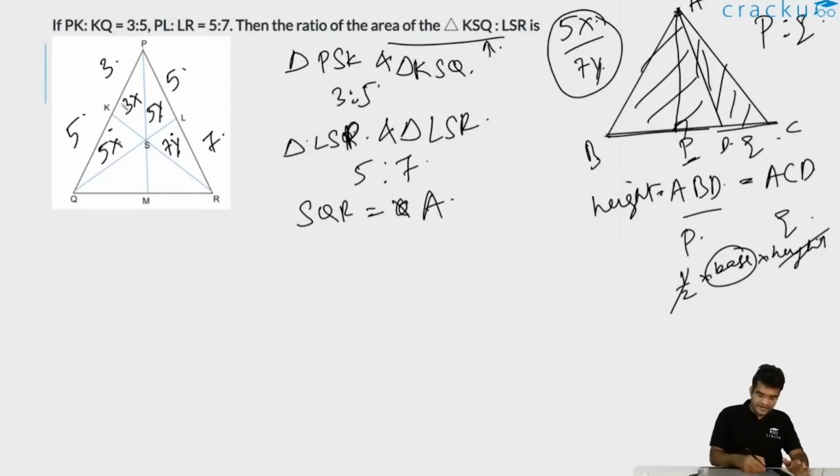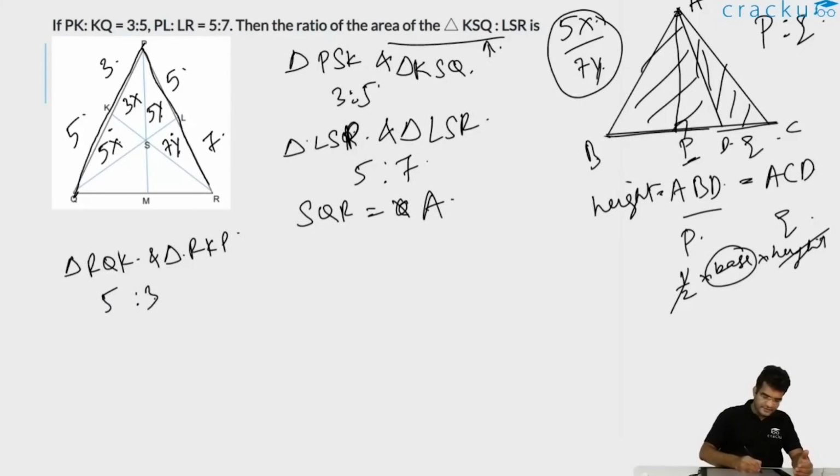Now look at the areas of the larger triangles, RQK and RKP. They will be in the ratio 5 is to 3, because the larger triangle is PQR, and the line RK divides the base in the ratio 3 is to 5.